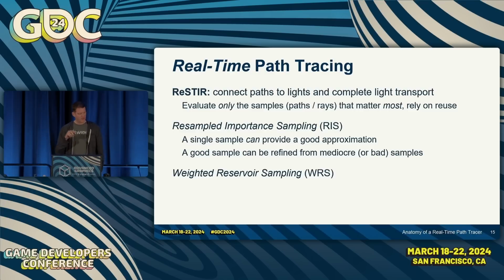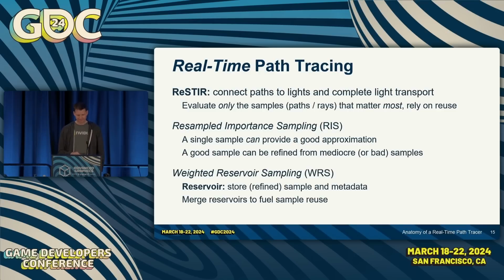And remember, the RE in ReSTIR stands for reservoir-based, and that's where WRS comes in. WRS stores selected samples and other associated information in reservoirs. This is crucial to the process of sample refinement and reuse. See, I wasn't kidding. I'm going to say sample a whole lot.